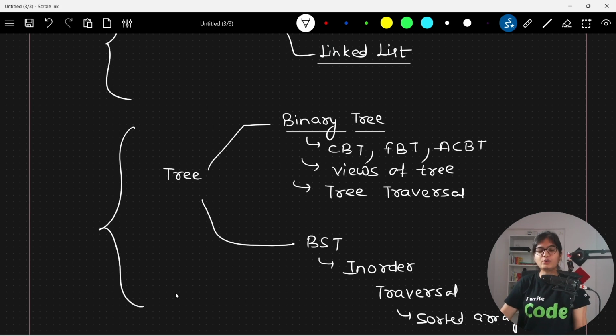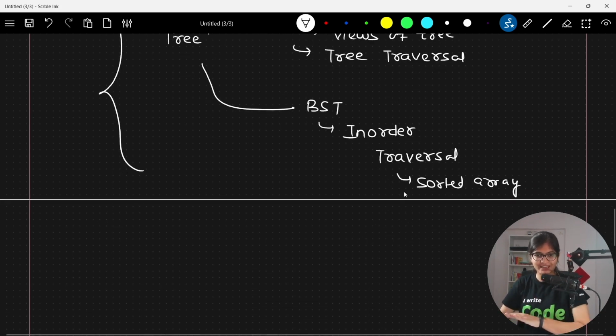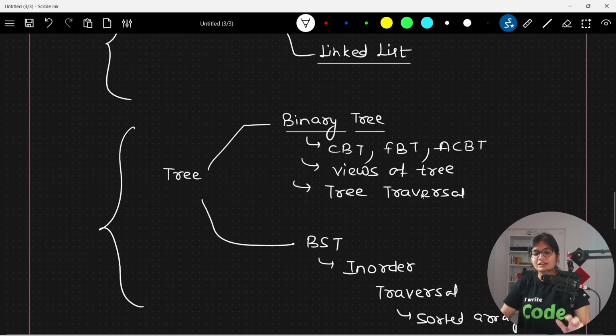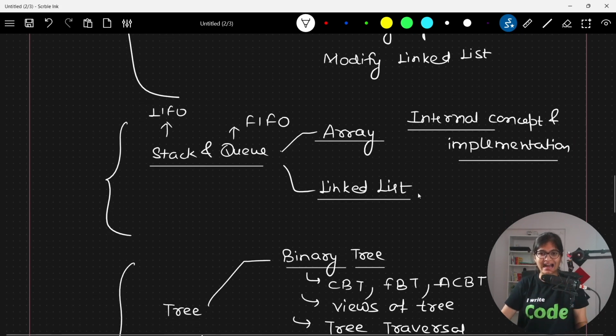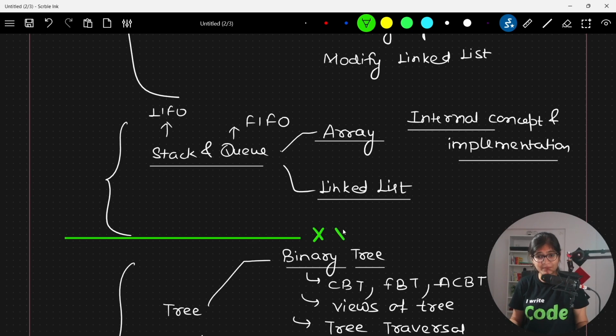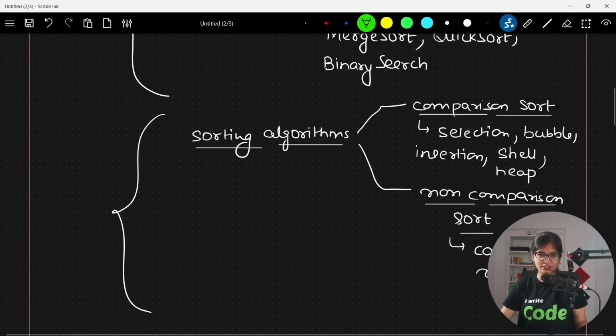Now when I'm talking about tree, or after the tree, whatever I'm writing here, these concepts come under the advanced category. Until this part, the stack and queue, this is the preliminary thing that you should know whenever you're going for any interview.